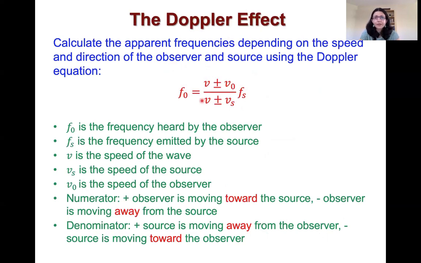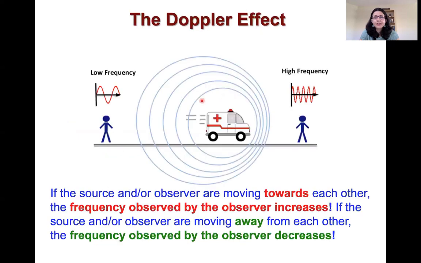In this ambulance example, it's only the source that's moving, but you can imagine that if the observer itself was moving as well, then that would also have the effect of changing frequency.